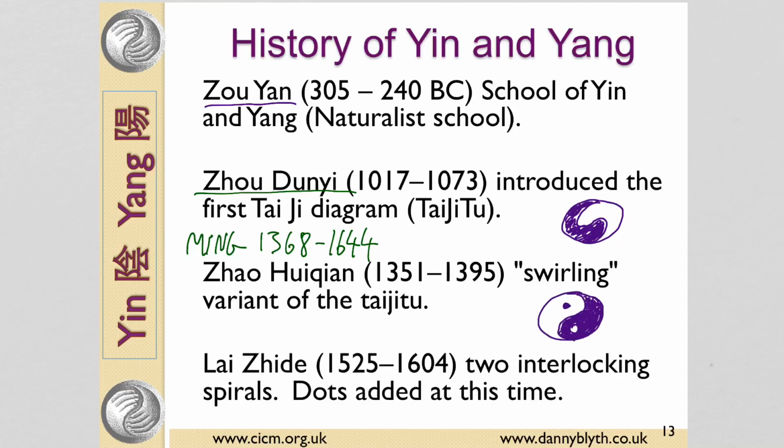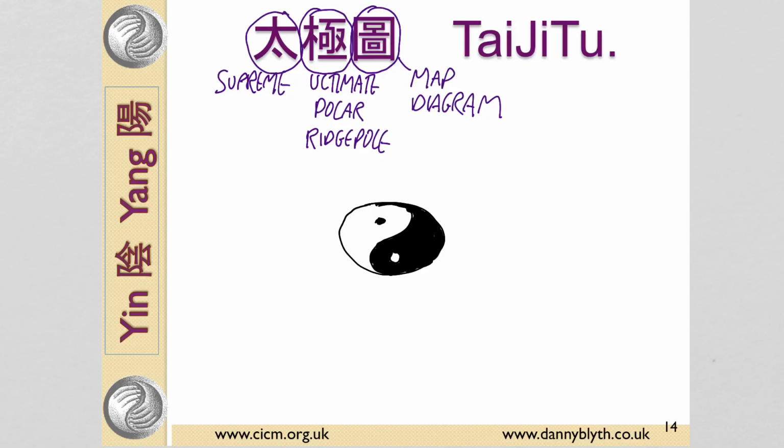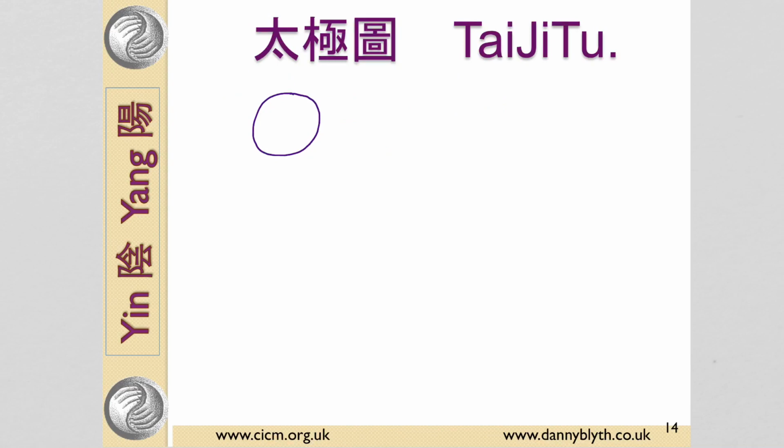Tai means supreme, ji is ultimate or polar, originally the ridge pole of a tent, and tu is a map or a diagram. So the diagram of the supreme ultimate or the supreme polarity. An empty circle representing no polarity or void.